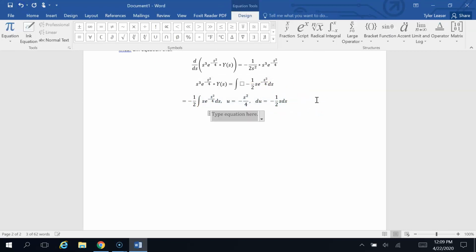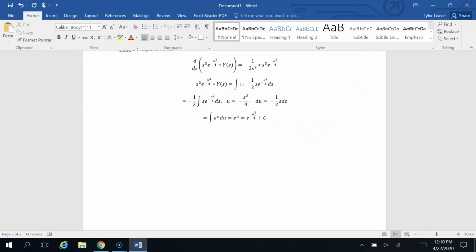So this is what we have now. This is going to be equal to just the integral e to the u du, which has antiderivative e to the u, and then plugging back in our u, this will be the antiderivative e to the negative s squared over 4 plus c.